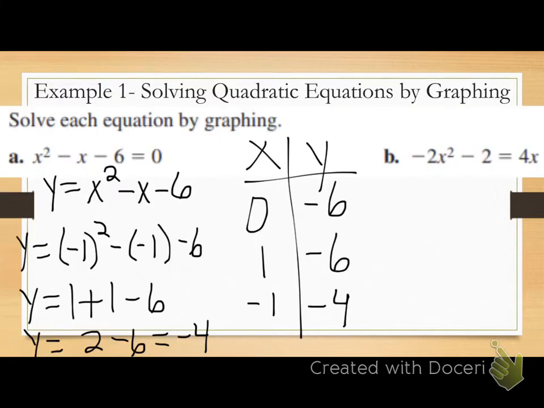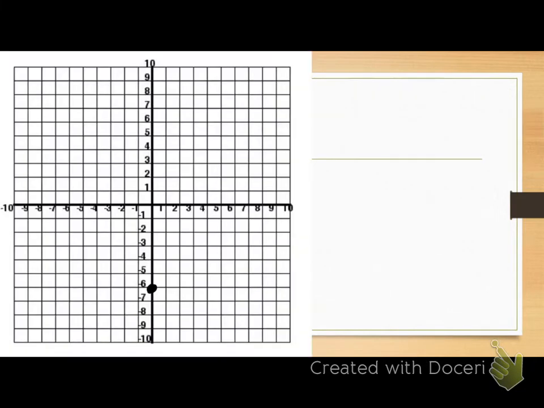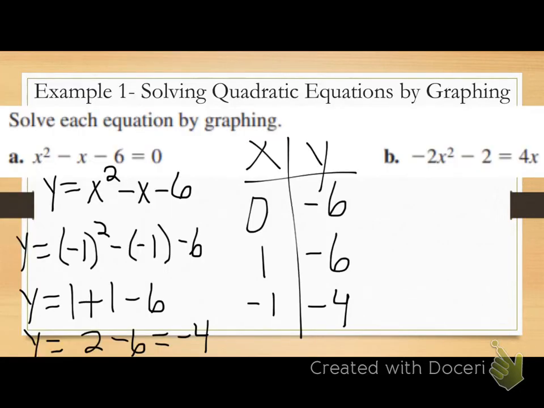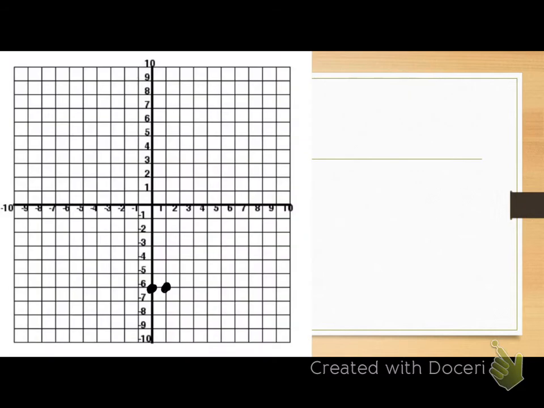My second ordered pair was 1, negative 6. Third ordered pair was negative 1, negative 4. Does anyone see a parabola forming yet? Yes, a little bit. Looks like an L. I would keep getting values till I see a for sure parabola.